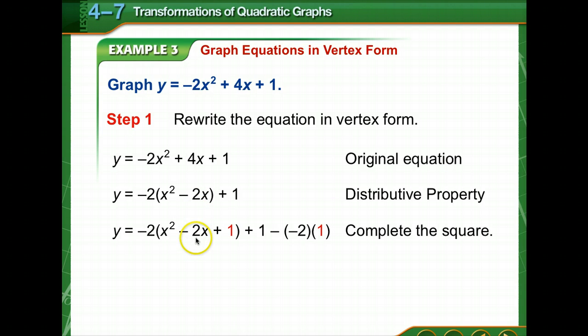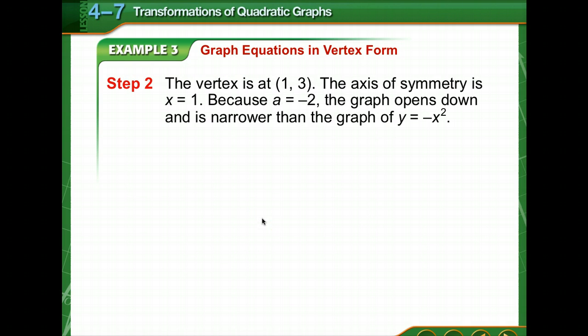So half of 2 is 1, and 1 squared is 1. And notice again, we're multiplying this by -2, so we have to multiply this side by -2, and we're going to subtract 1 from both sides. So 1 minus (-2 times 1) gives us +2, plus 1 is 3, and this one factors as (x minus 1) squared.